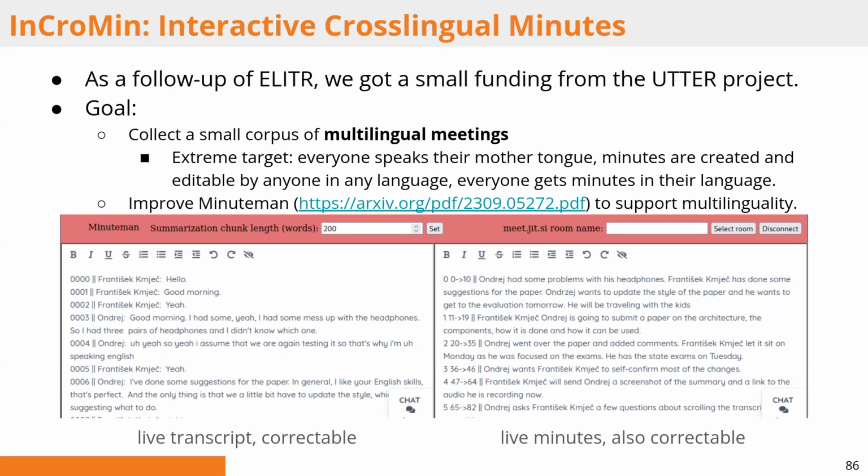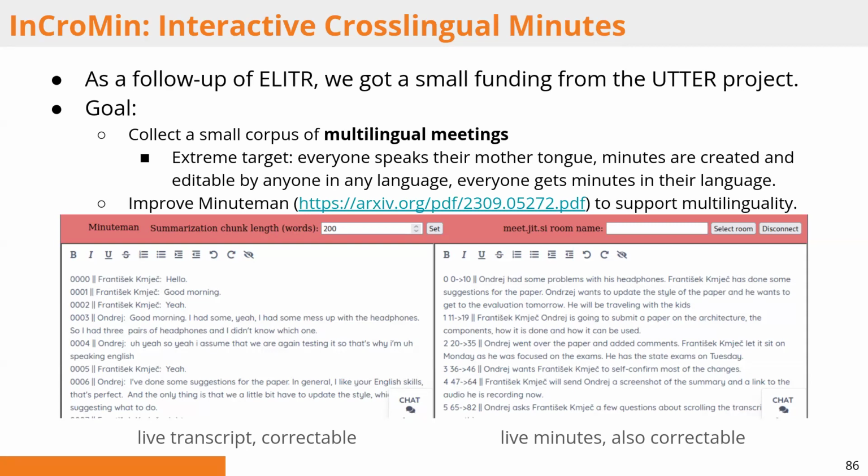So in the Minuteman tool, the transcript uses very similar, maybe Whisper streaming directly, or maybe just some update of Dominik's code. In the left-hand part, it is recording the transcript of the meeting. And every now and then, a part of the transcript gets summarized into meeting minutes.